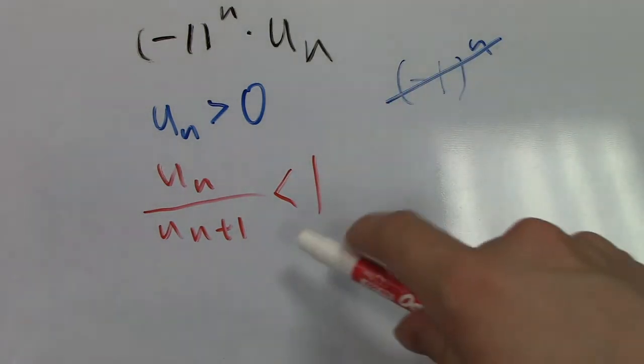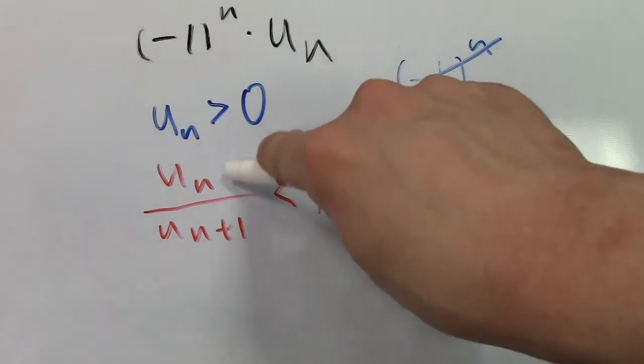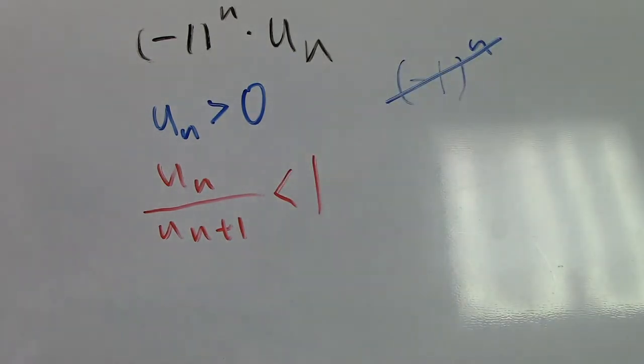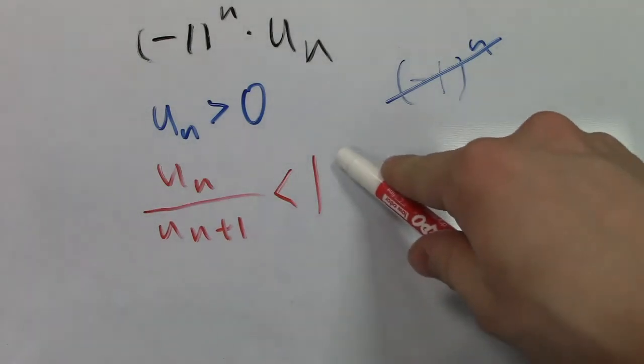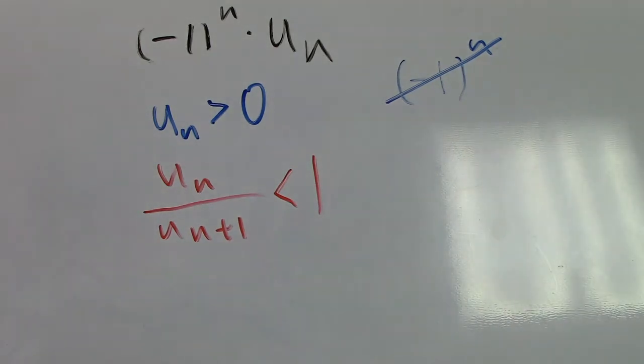So what this means is that the next term is larger than this first term. So if you can show that at least eventually the series starts decreasing and continues to decrease, then that is the second condition we need to check for an alternating series test.